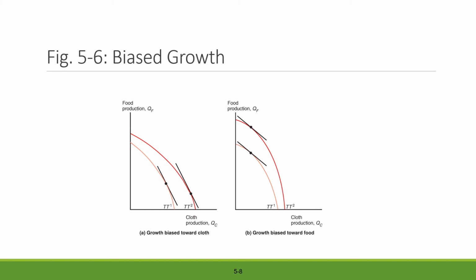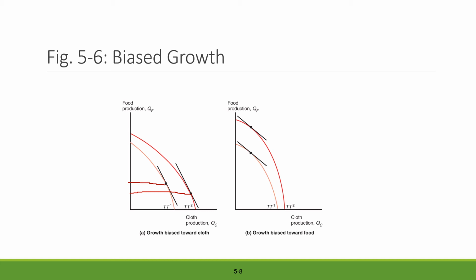But we have reduced the production of food. The food, let me highlight that to you with the pen. You see that initially our food level was higher than after growth has occurred in the cloth sector. Why does this happen?